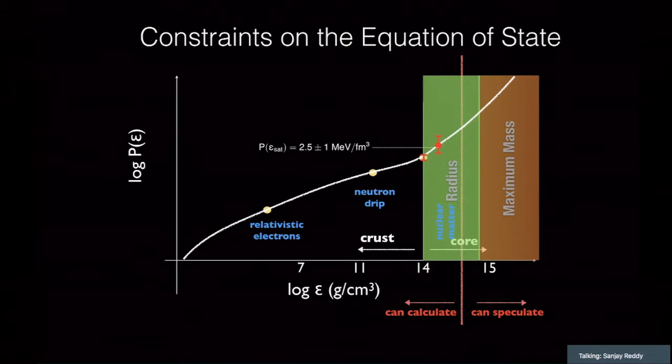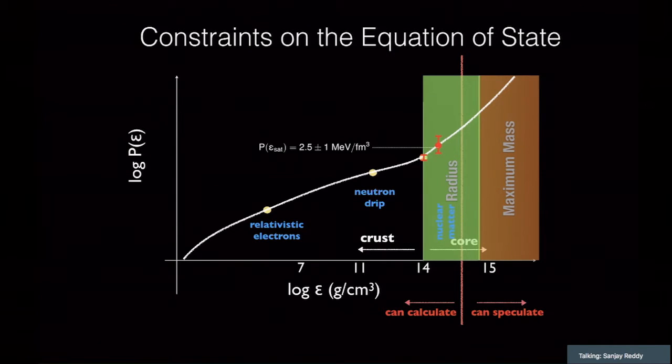A lot of work, mostly based on effective field theory and quantum many-body theory, has gone into calculating the pressure of matter at nuclear saturation density. That's shown by this red point with the error bar.